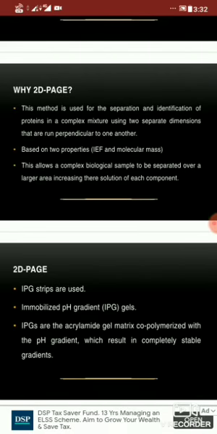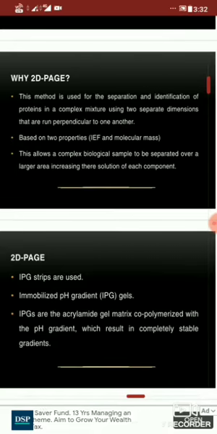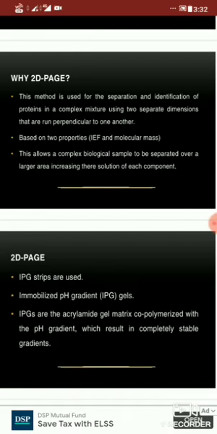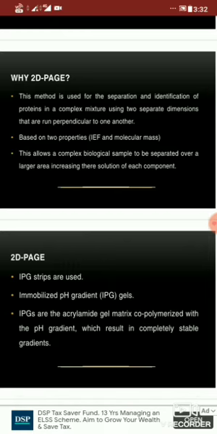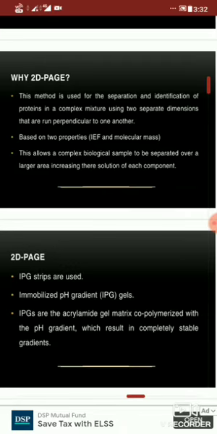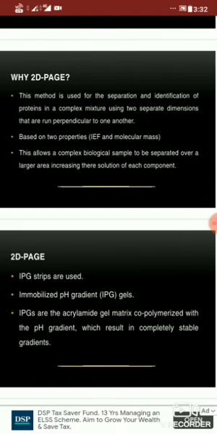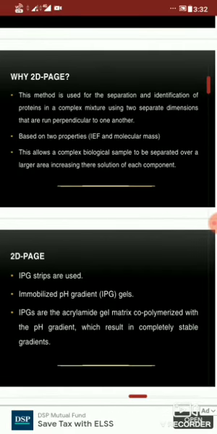The reason is when you have too many complex proteins present in a mixture, then separation using just a single dimension, that is only molecular mass, may not give you a very clear picture. It will separate the proteins, but the separation will be very crude, especially for proteins which are very close to each other in their molecular mass.